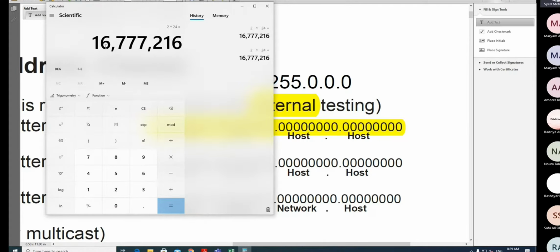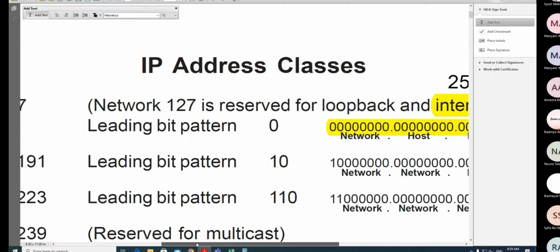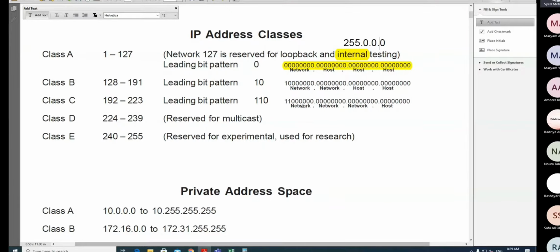So 16777214 hosts can be accommodated in a class A network.